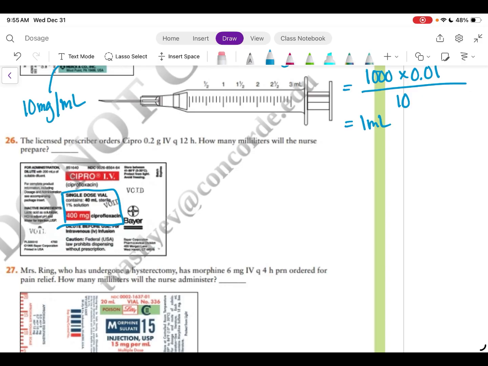This question hates us because it's asking for things in grams, 0.2 grams, and we have to figure out how many milliliters that is. So XML, I'm going to write that 40 milliliters is 400 milligrams. I got that from my label. I have to put in that conversion again in here.